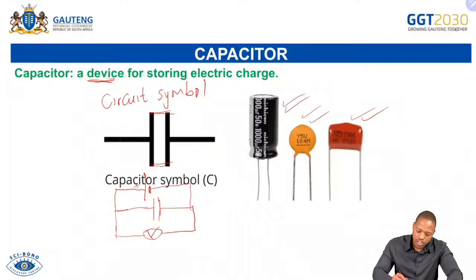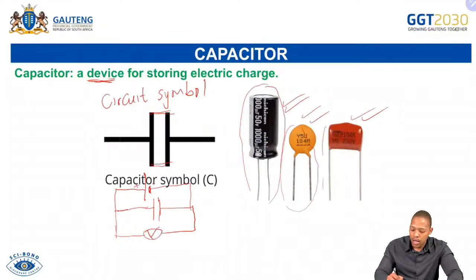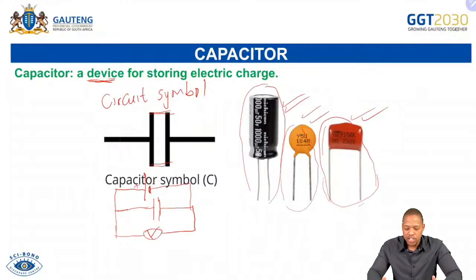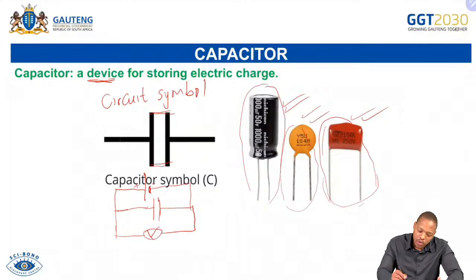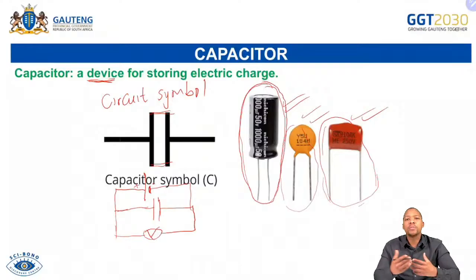It is also extremely important, I repeat, that at least we have seen one or two capacitors before, how they look like. I'm pretty sure almost every one of us has seen these things. We all grew up with electronic material, your radio, TVs.